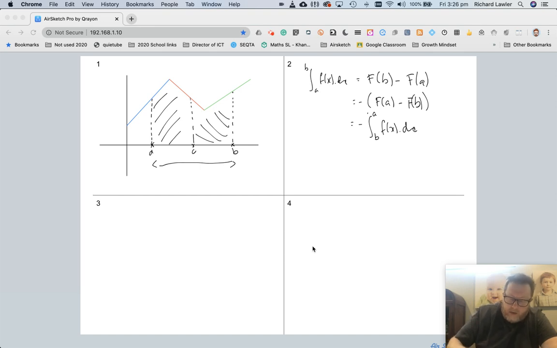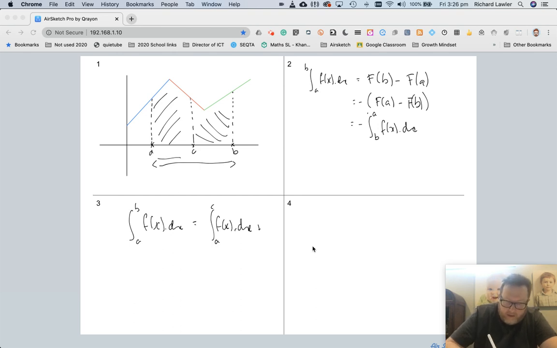So from a to b, assuming this is just one function, we have the integral of f of x dx. And all we're saying is then let's just take the area between a and c, so that's the integral of f of x dx between a and c, and then we'll add the other area.